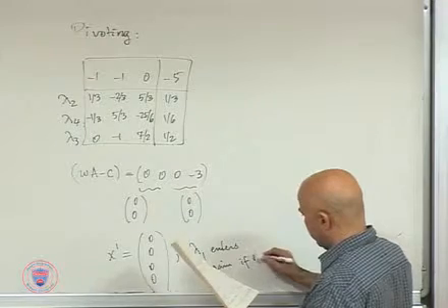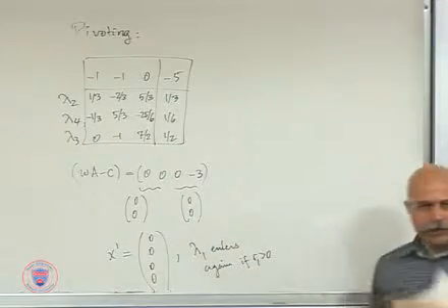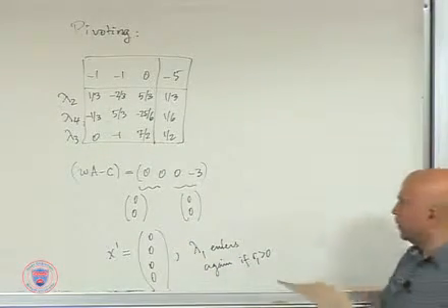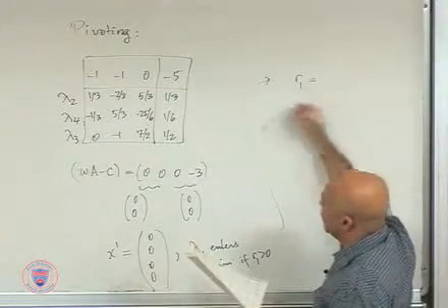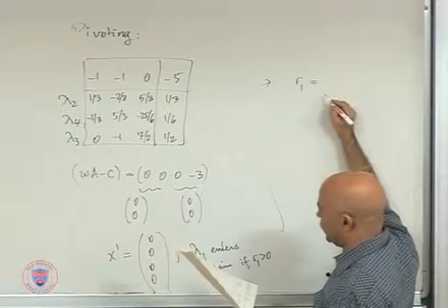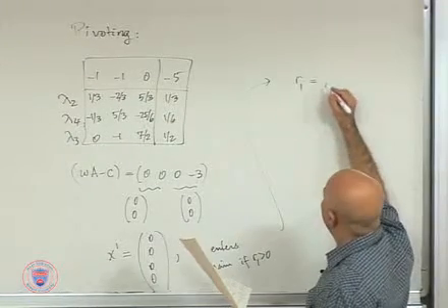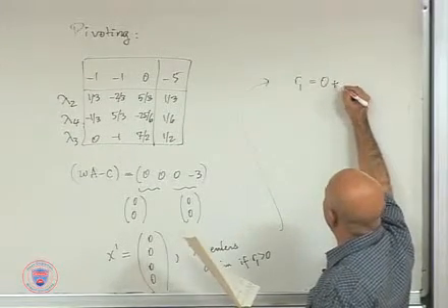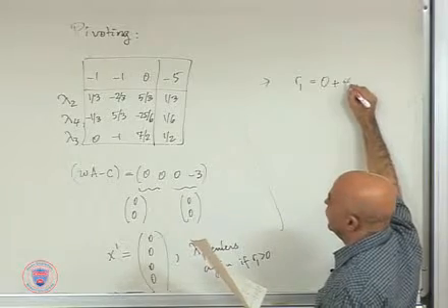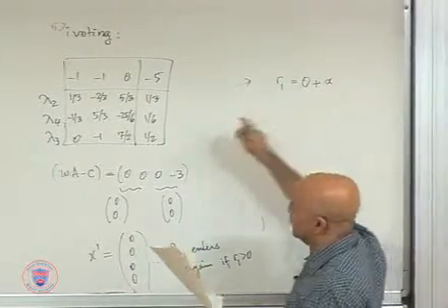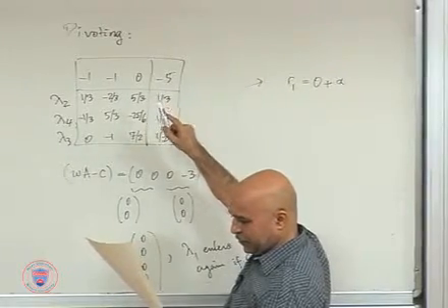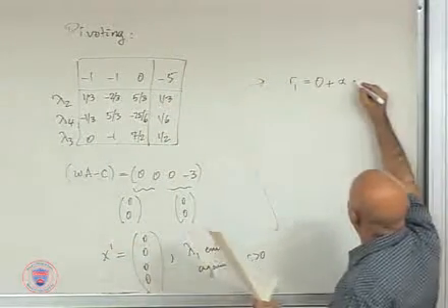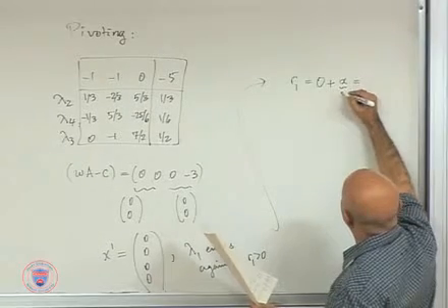If, of course, R1 happens to be positive, so you need to compute R1. R1 is the objective function value of this. How much is it? Well, it's going to be the objective function value plus alpha. Is alpha 0 here? Yeah, it is 0. So this is also 0.